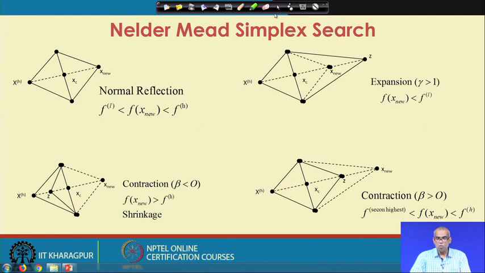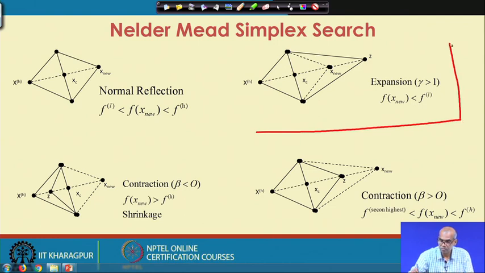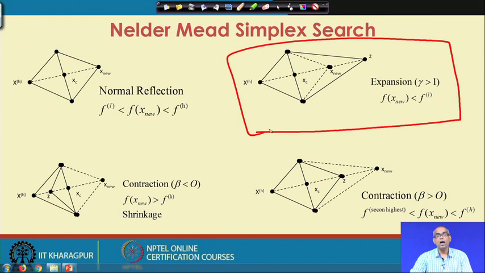Now, consider this case where after obtaining the regular reflection, you evaluate the objective function at x nu and you see that x nu is best among all.